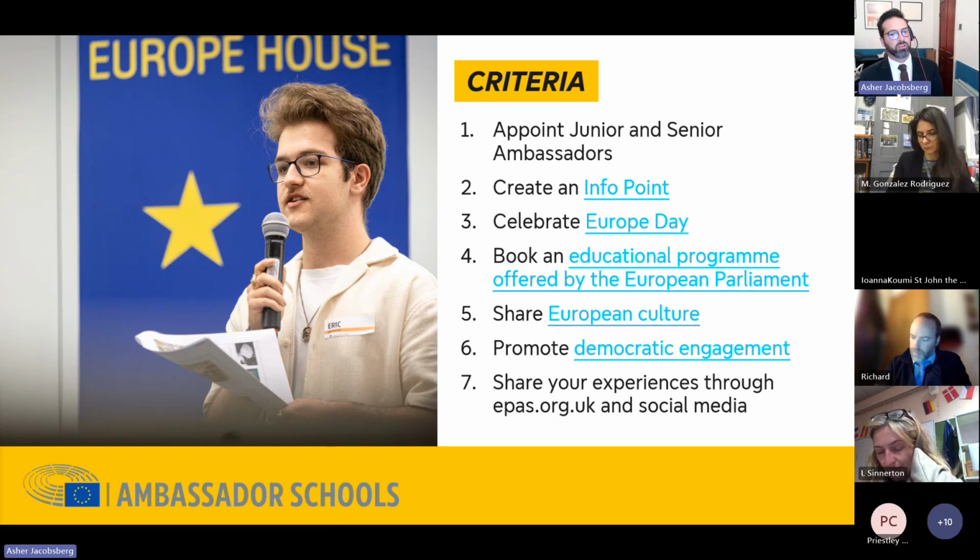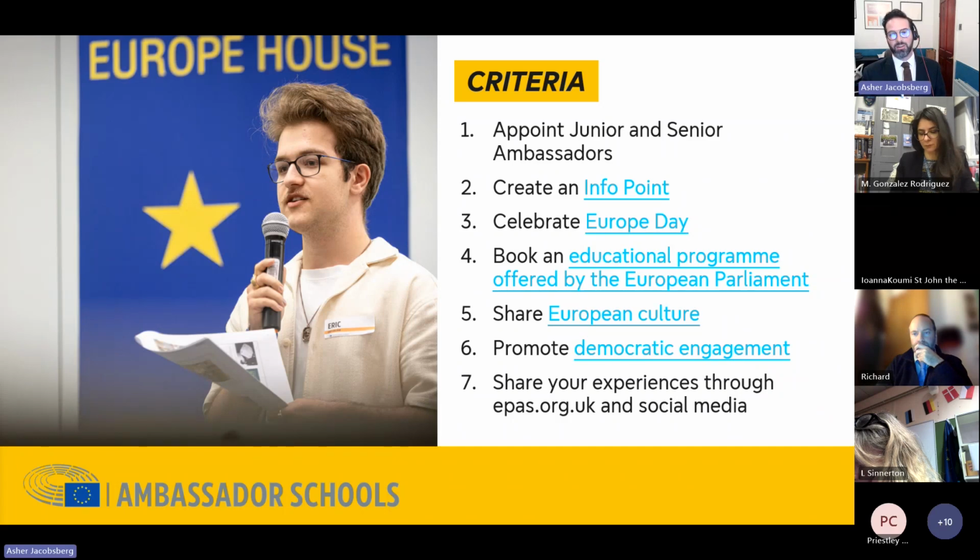There are also lots of resources from the European Parliament, which Anna mentioned previously, about the digital journey to the European Parliament, explaining how decisions are made within the European Union, how people become MEPs, members of the European Parliament, how people vote for them, and how ideas come from citizens and get debated in the European Union and become legislation. Also, we offer educational programs at Europe House or coming into your school as well.